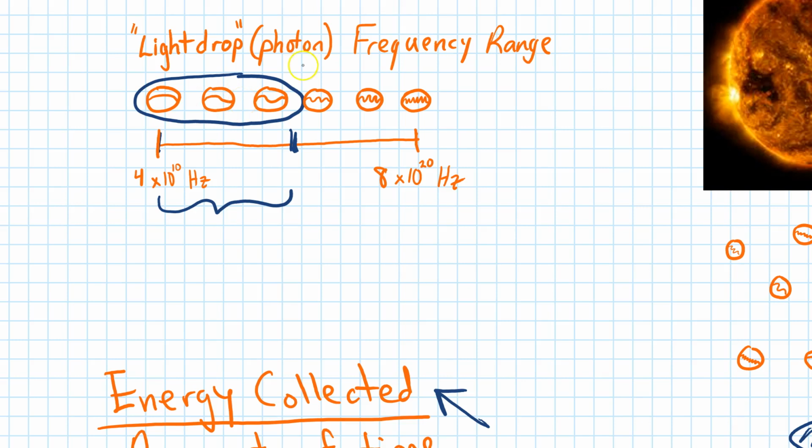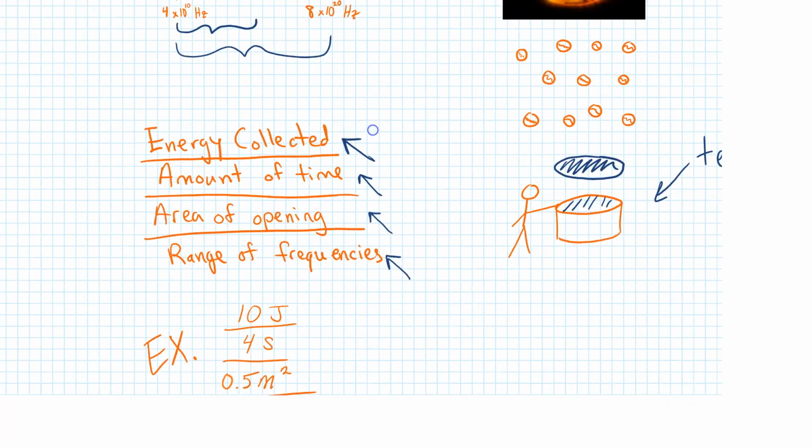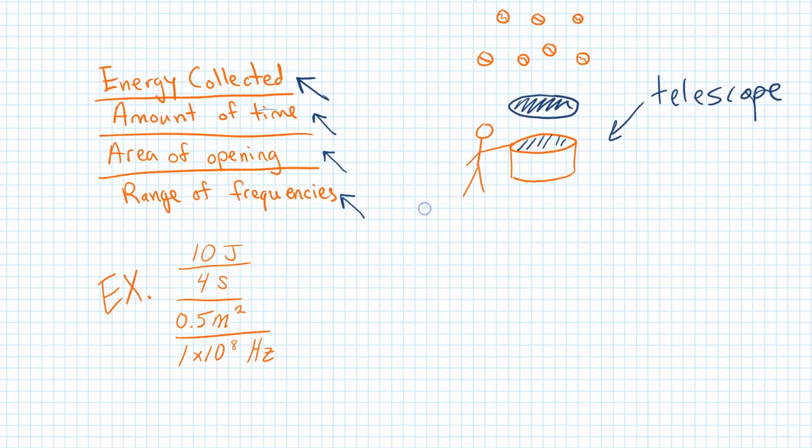But if I have a filter that lets in all of these, then I'm going to get more overall energy in my bucket. So it's important to keep track of the range of frequencies that I use. You can think of these again as windows. This is a window of time. This is a window of area over which I looked, and this is a window of frequencies that I allowed into my bucket.